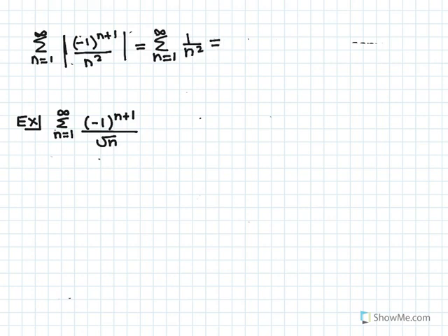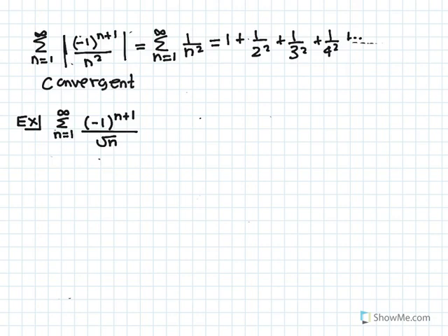If we expand, this is a p-series with p equals 2, so we get 1 plus 1 over 2 squared plus 1 over 3 squared plus 1 over 4 squared, and so on. This is a convergent p-series with p equals 2 greater than 1. So we can say that this series converges.